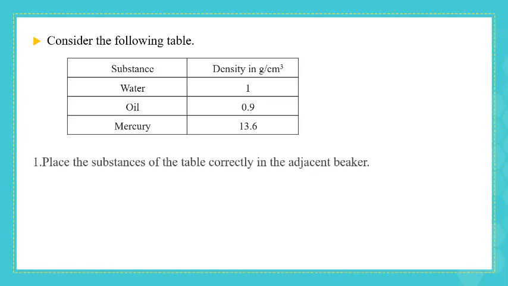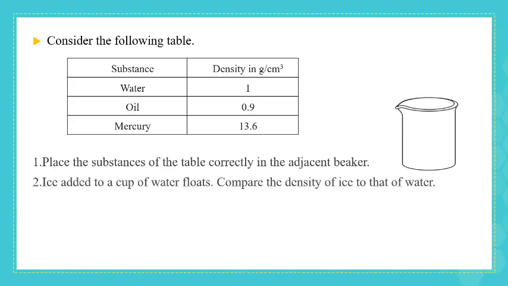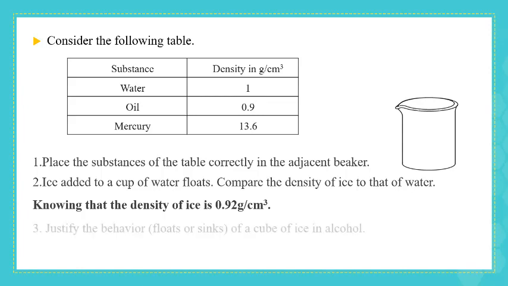Number 1, you have to place the substances of the table correctly in the adjacent beaker. Number 2, ice added to a cup of water floats. Compare the density of ice to that of water, knowing that the density of ice is 0.92 gram per centimeter cube. Number 3, justify the behavior, floats or sinks, of a cube of ice in alcohol. Pause the video and start to solve it.